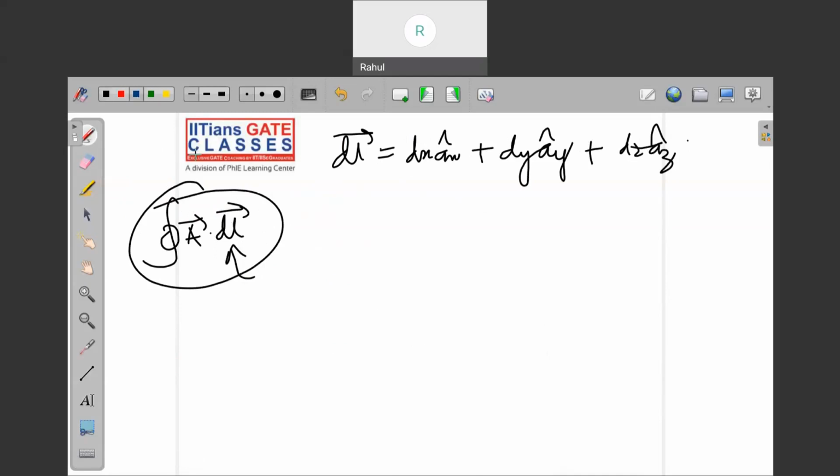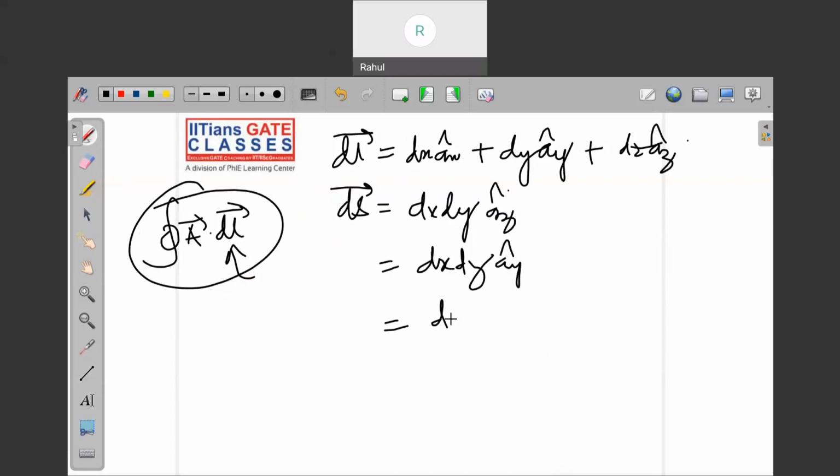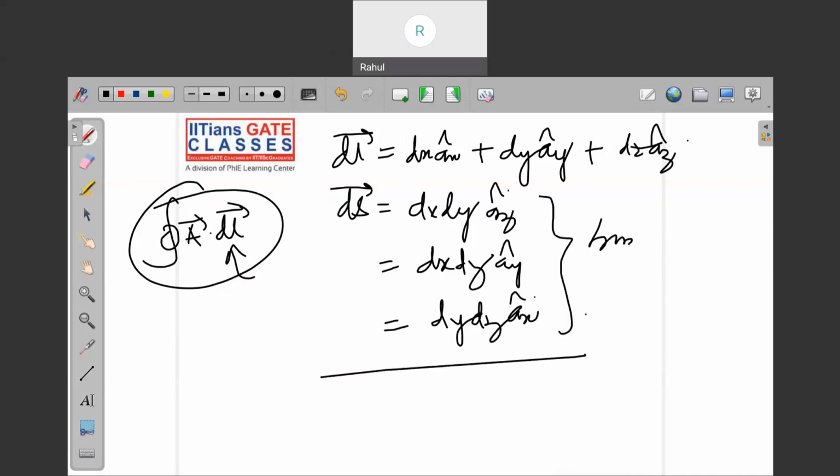And you have got the area as well, ds. That is dx dy az cap, dx dz ay cap, and dy dz ax cap, right? So these are the different surface areas.